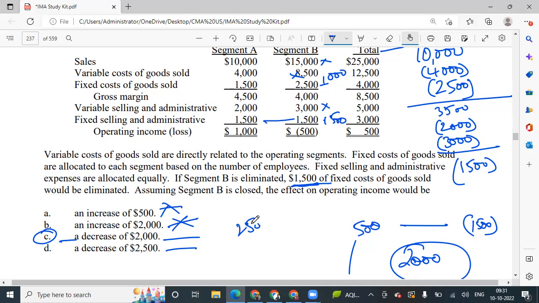We can just say 2,500 is going to be a loss, which is going to come from segment B. You can make this decision in your exam if you are in a hurry. Or else it may go off if your concepts are not clear. So I hope that you've got this answer, which is option C, a decrease of $2,000.